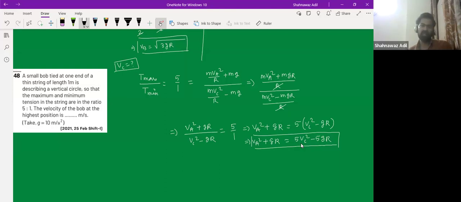What can be that equation which will relate them? Yes, guys, please tell me. Any guess? You can also guess, right?